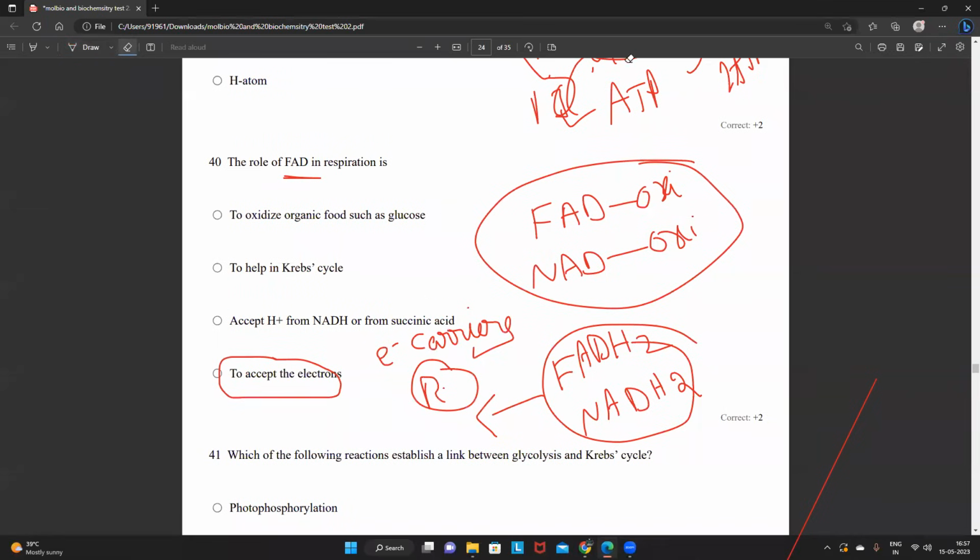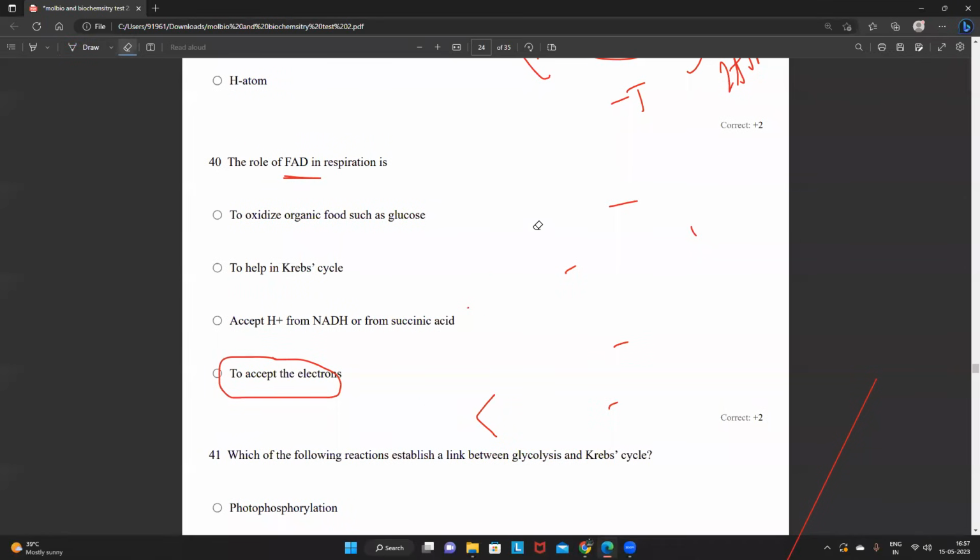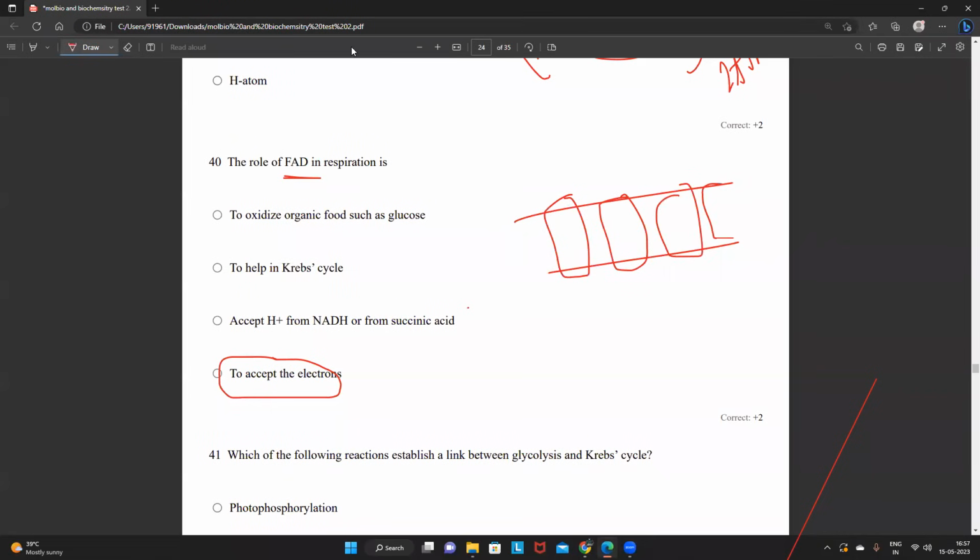And now my very, very simple question to every student is, FAD or FADH2, let's consider. In the electron transport chain, we have 4 complexes, 1, 2, 3, 4. What is the name of the electron acceptor complex that will start accepting the electron from the FAD? I am asking the name. What is the name of the second complex? Yes, that is true. Very, very good. It is called succinic dehydrogenase enzyme complex.